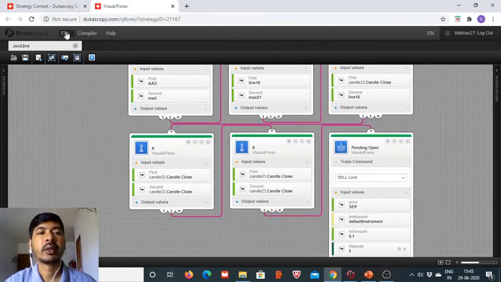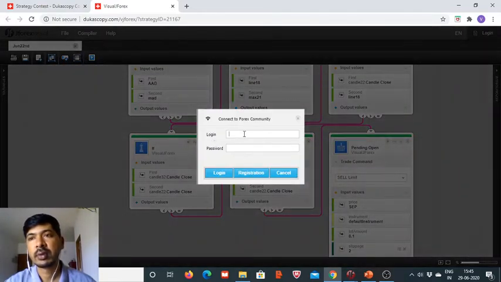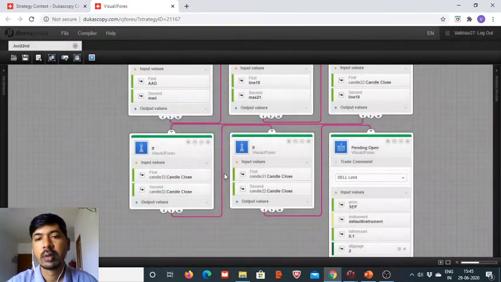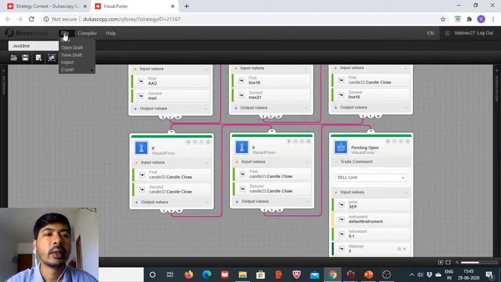So first let us save the file, save draft. Okay, I need to log in. And we will save the draft here.